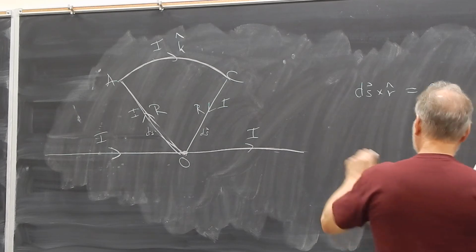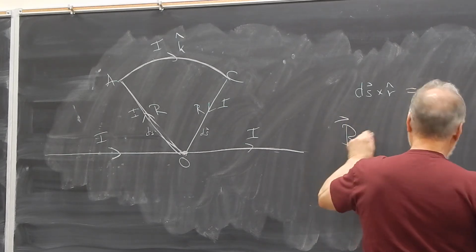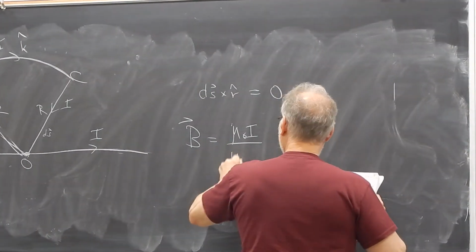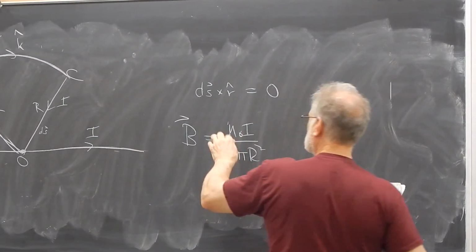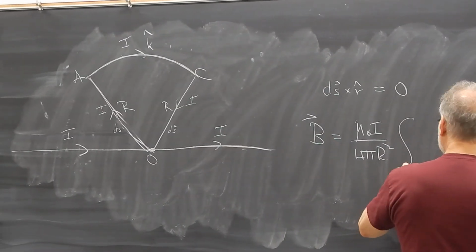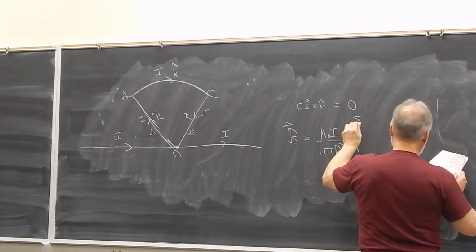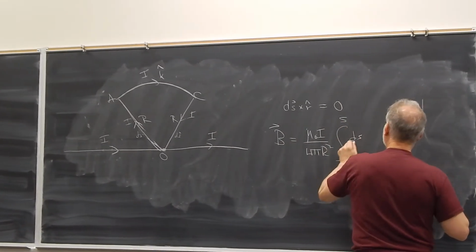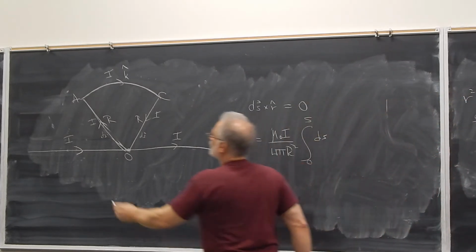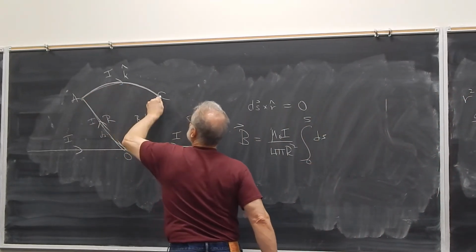So let's write out my Biot-Savart law as mu naught I over 4 pi, pull the r squared out of the integral because it's a constant, from 0 to some distance s, integral of ds. Well, ds is the length of this sector of the circle.